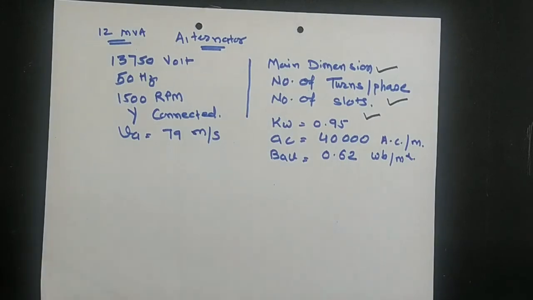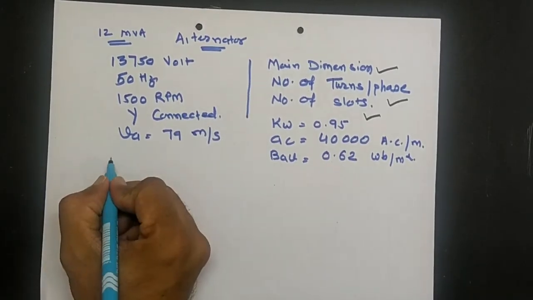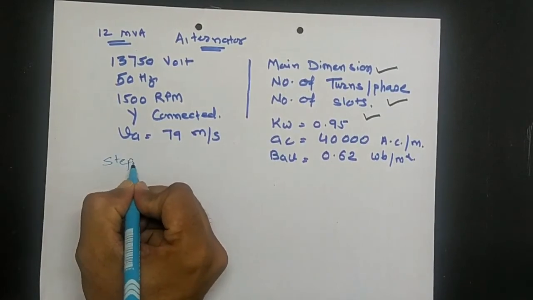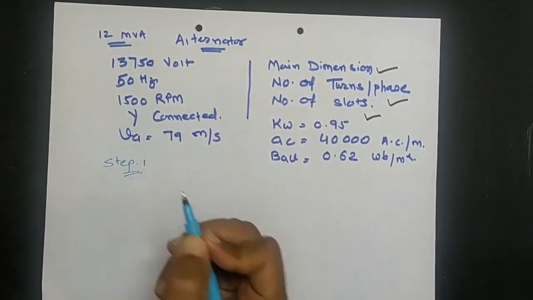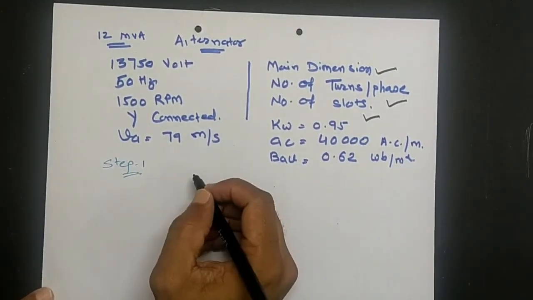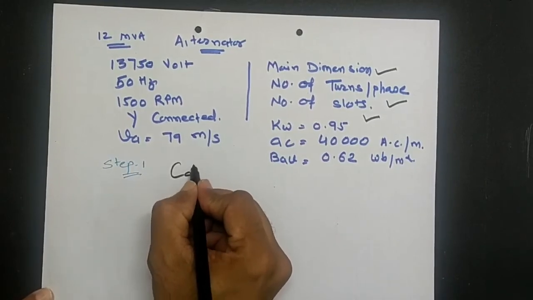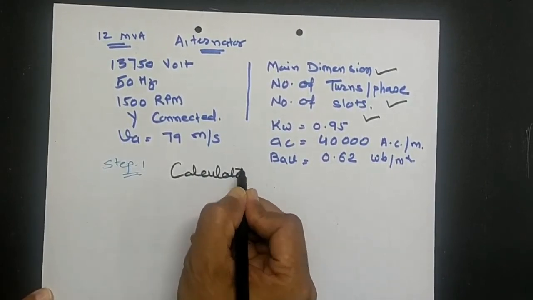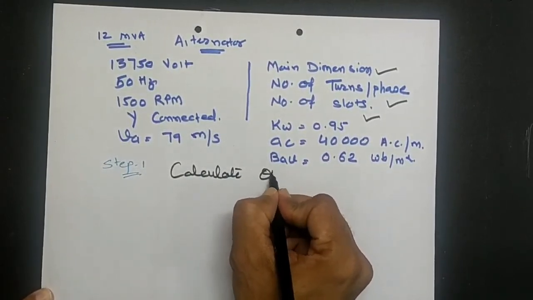As usual we start calculating our design, and that is step number 1. In step number 1 we calculate the output coefficient.